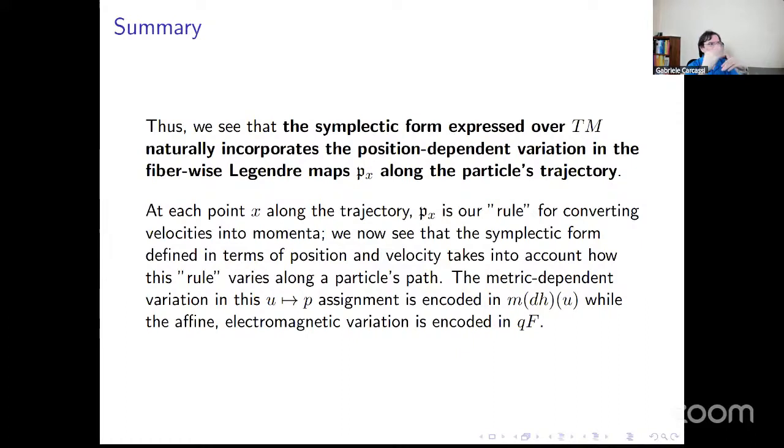So I haven't moved to the tangent bundle; I'm still in the cotangent bundle, but F already appears there. So that's picking up a part of this change of map, coordinate, whatever you want to call it. And then we go to the other side.